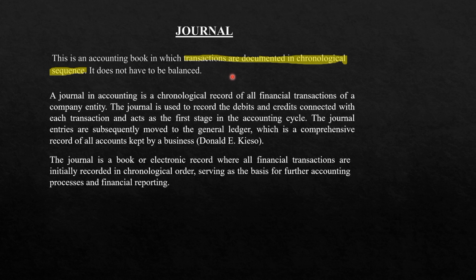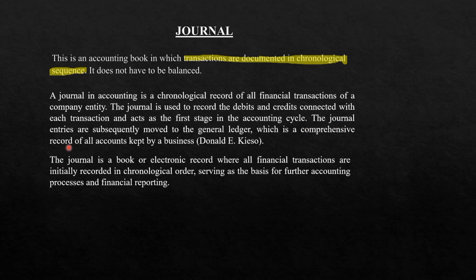Okay, so according to Donald, he defined journal as: a journal in accounting is a chronological record of all financial transactions of a company entity. The journal is used to record the debit and credit connected with each transaction and acts as the first stage in the accounting cycle.